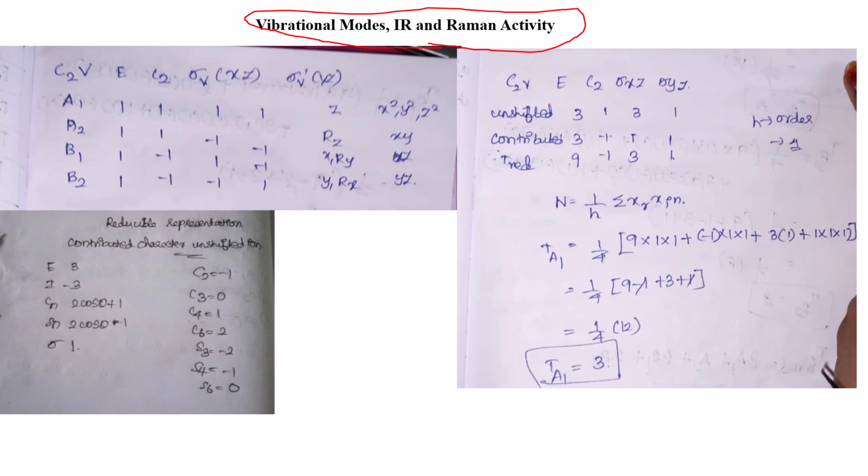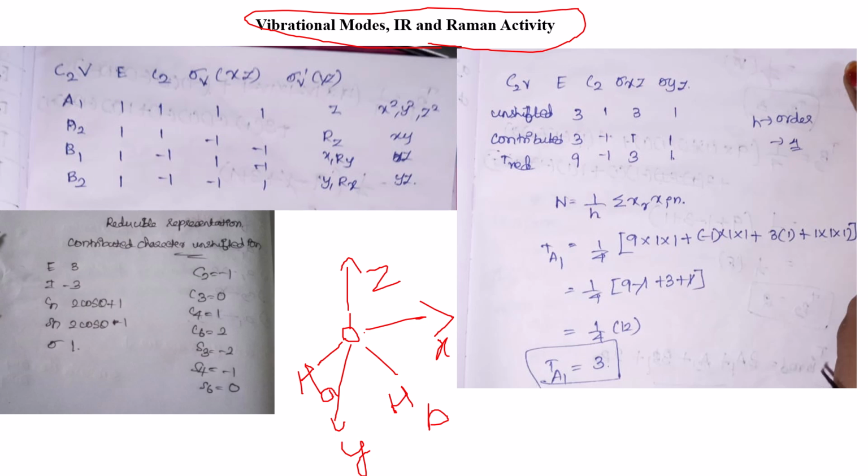We consider C2v, and the best example is the water molecule. So this is the water molecule. This one is A and this one is B. This is the Z axis, this is the X axis and this one is the Y axis.